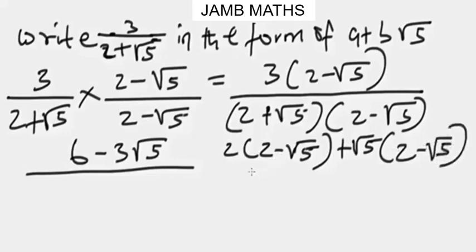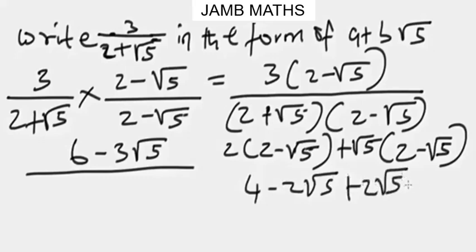When you break this down, this is 4 minus 2 root 5, plus 2 root 5, then minus root 5 times root 5, which is the same thing as square root of 5 times 5. Square root of 5 times square root of 5 is the square root of 5 squared. The square cancels the square root here.